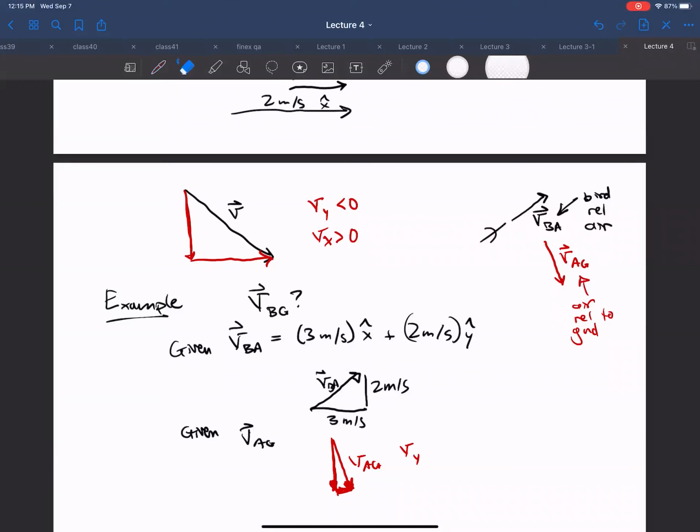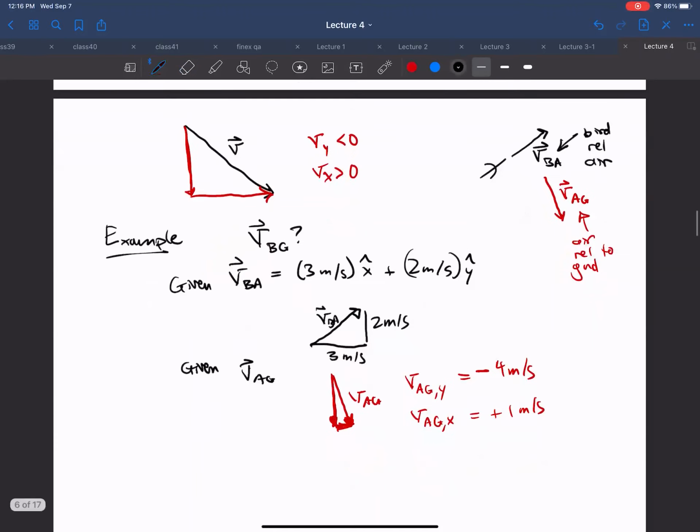So let's say that VAG, the y component, is equal to minus 4 meters per second. And the x component is plus 1 meter per second. So writing it in equation form, I could write VAG is equal to 1 meter per second times x hat plus negative 4 meters per second times y hat.